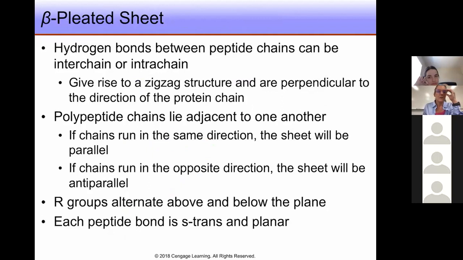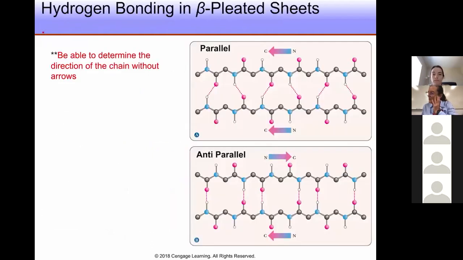Okay, the other major flavor of secondary structure is the beta pleated sheet. And in this case, we have sort of crinkled sheets. And the peptide chains are adjacent to one another. So here's two examples of beta pleated sheets.